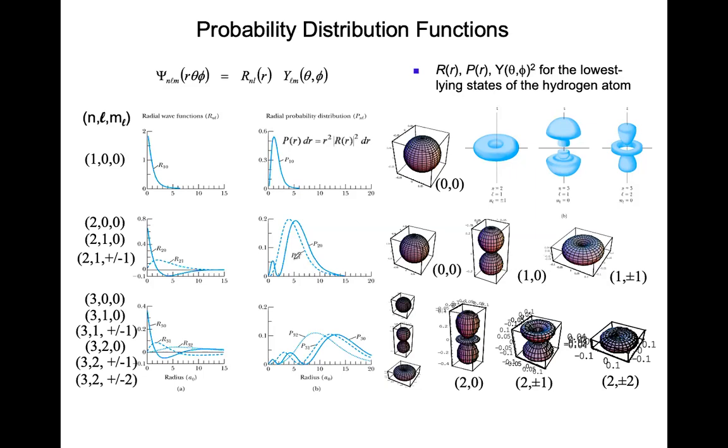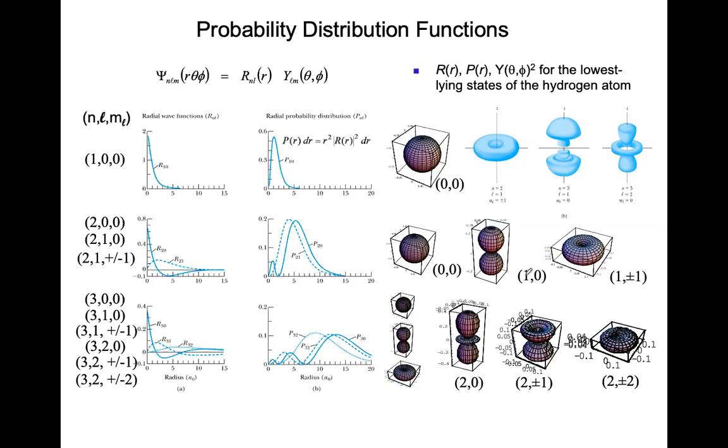And then the two values of n that could exist, 2, 1 and 2, 0. One of them has 1 hump and the other has 2 humps. Okay, so you kind of think spherical symmetry for the, I guess, 2, 0, 0 would look like that, but then the 2, 0, 0 has 2 kind of maximums, 2 radiuses where there's a maximum probability of finding the electron, but with circular symmetry.